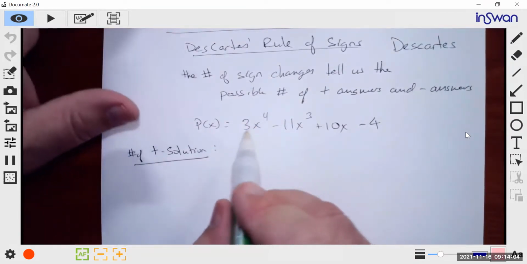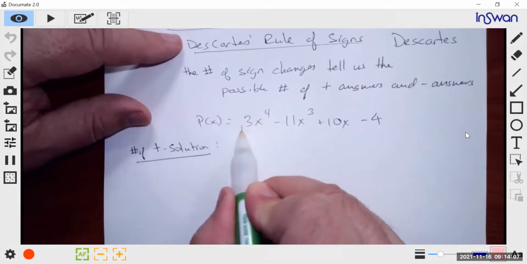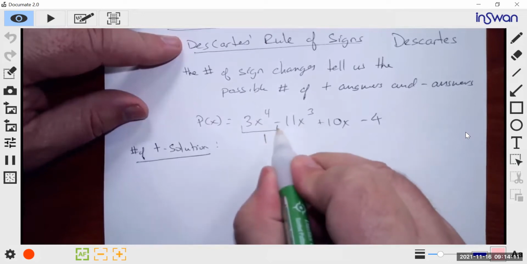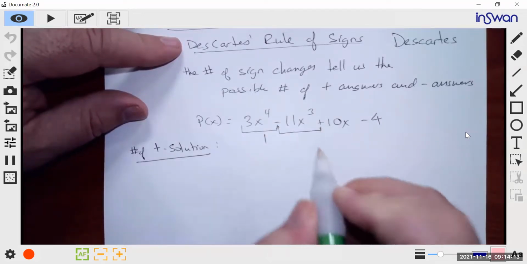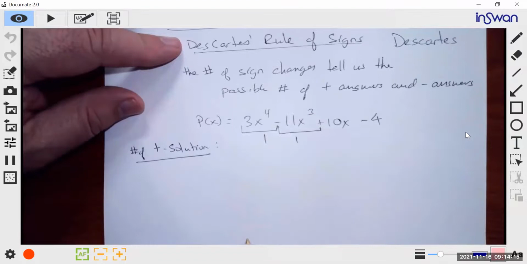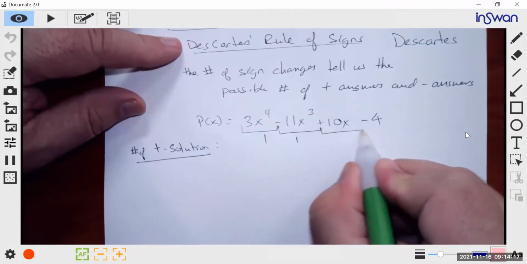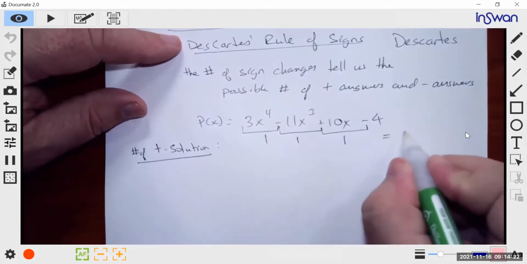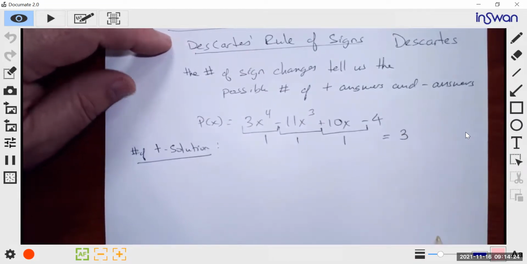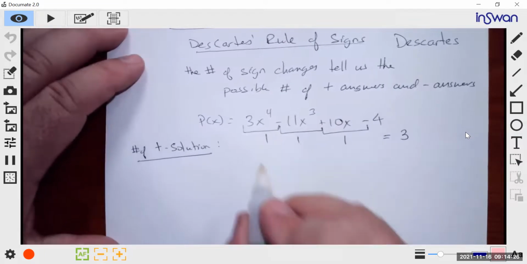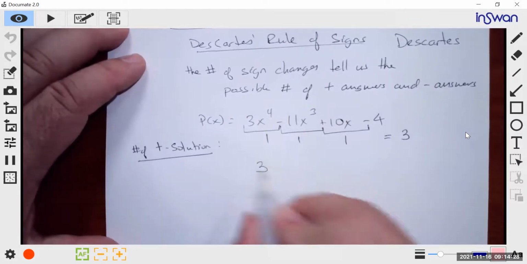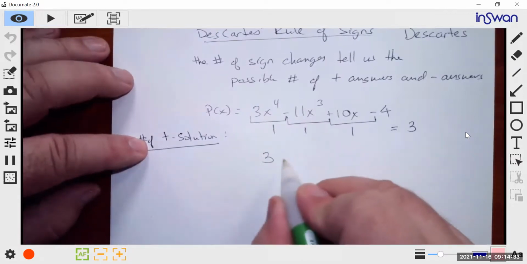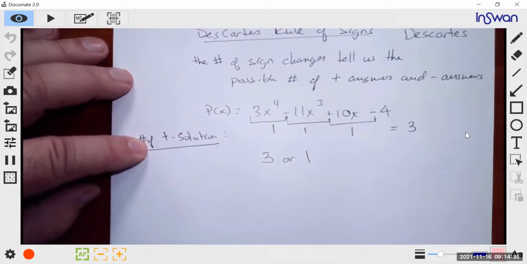Do they change from positive to negative, negative to positive? So this one's positive to negative. Is that a change? Yes, that's one change. From negative to positive, that's a change. From positive to negative, that's a change. So we have how many changes? So we can have 3 positive answers or 1 positive answer.